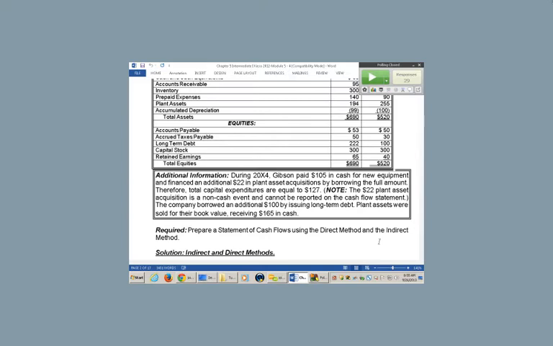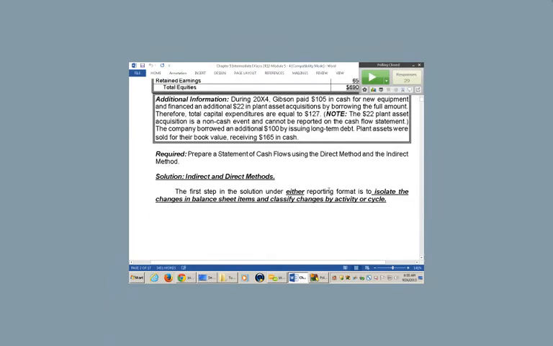Okay. All right, now, the way I would solve this problem, and the way I would recommend that you solve the problem, is whether it's direct or indirect, the first step is isolate the changes and then classify them. So that before you even start making up T accounts or playing around with worksheets, why don't you find out what the changes are and then decide whether they're operating or financing.